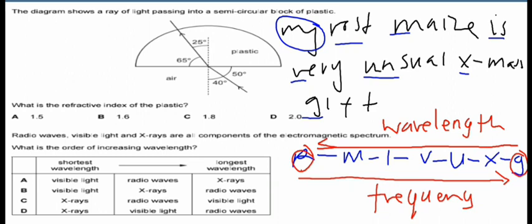Now, let's see the multiple choices here. They are saying shortest wavelength. If we consider the visible light, this one is going to have the shortest wavelength. Then the next one, radio waves. No, radio waves can't have low wavelength.